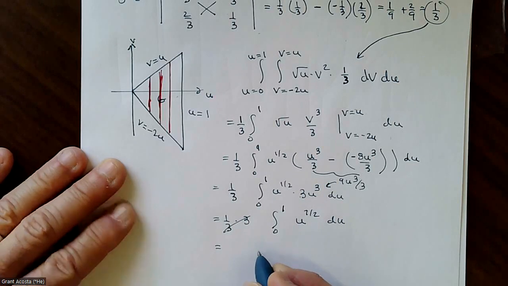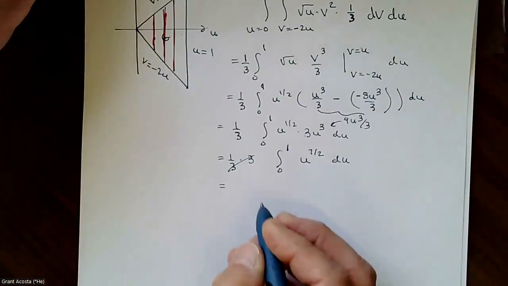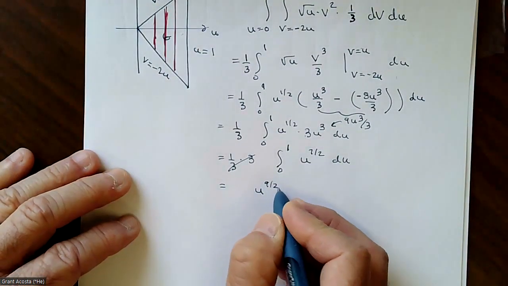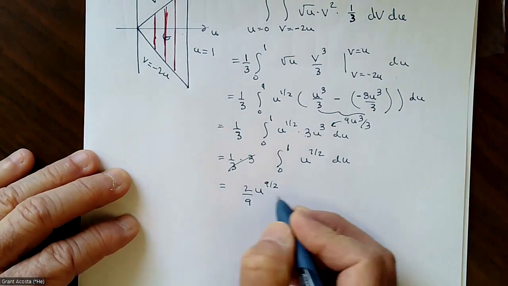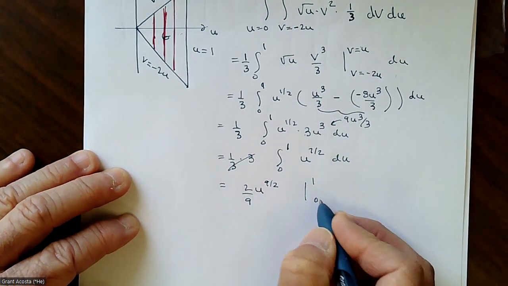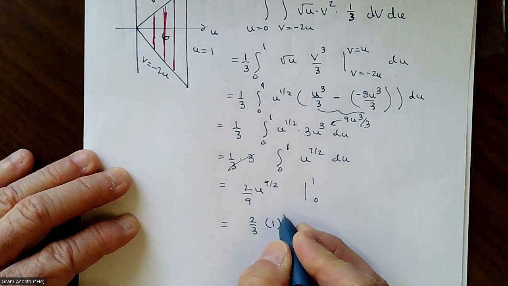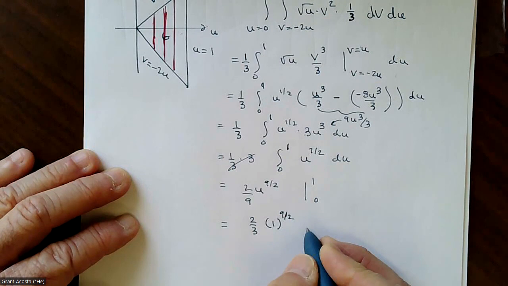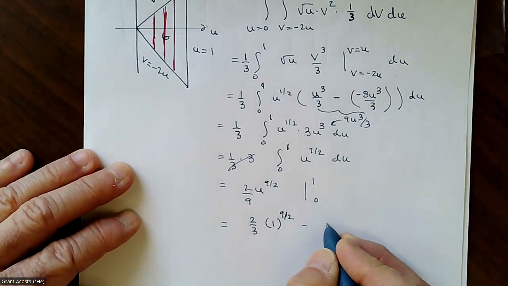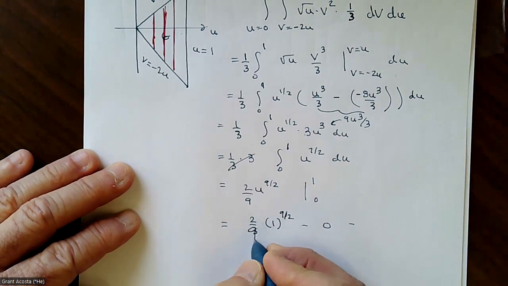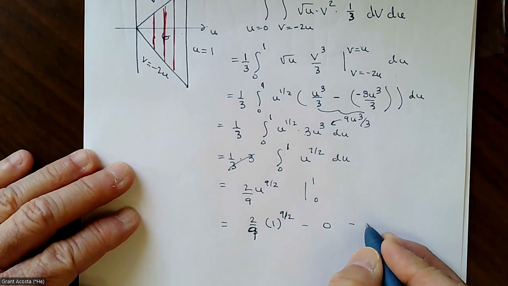Antiderivative of u to the 7/2 is u to the 9/2 over 9/2, or times 2/9. Evaluated from 0 to 1 is going to give me 2/9 times 1 to the 9/2, which is just 1, minus 0, 2/9. So my final answer is 2/9.